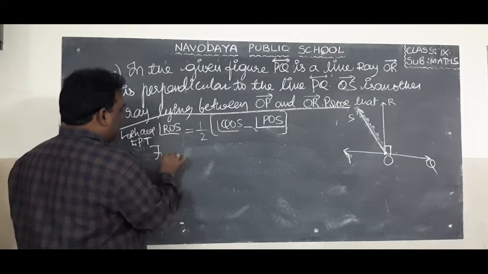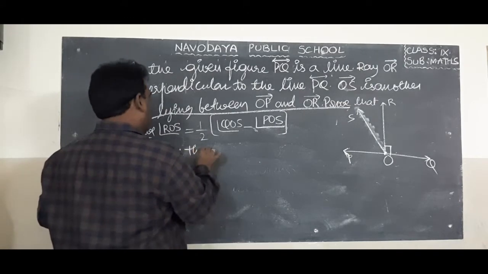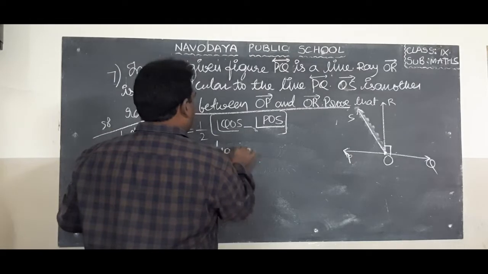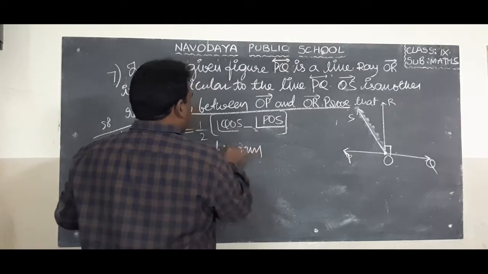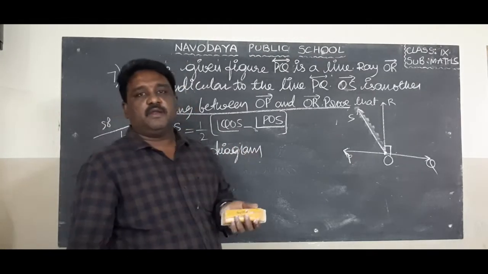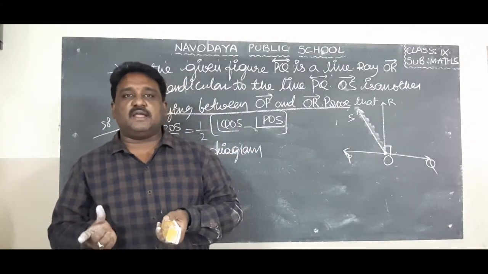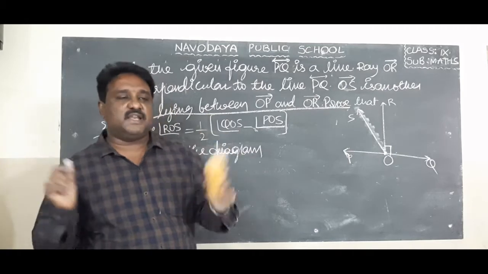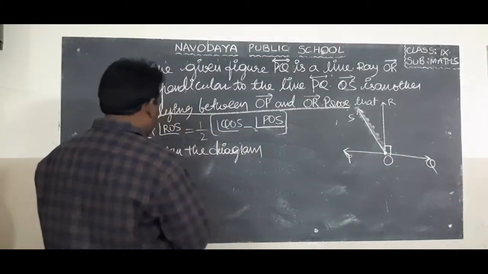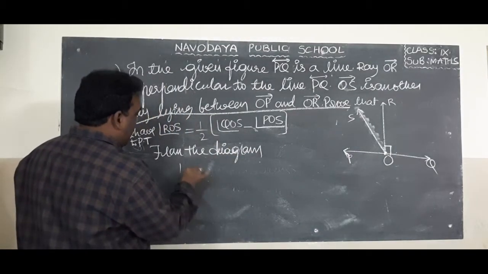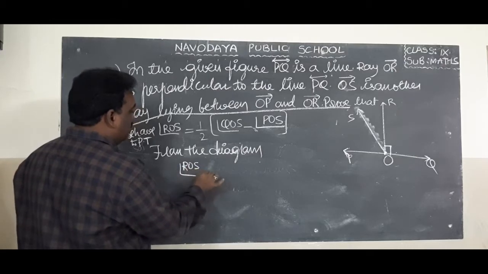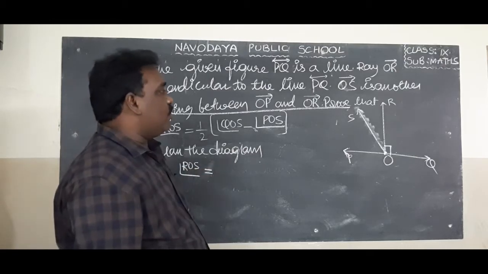From the diagram, I told you already about linear pair. What is linear pair? The sum of adjacent angles being 180 degrees is known as a linear pair. From the diagram, see angle ROS, this is the angle you want.